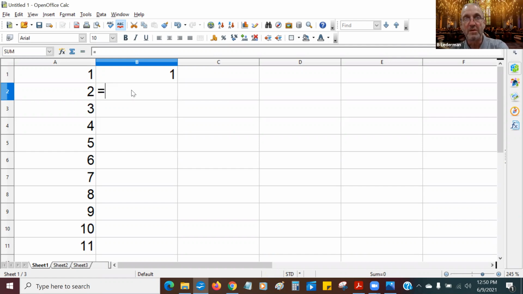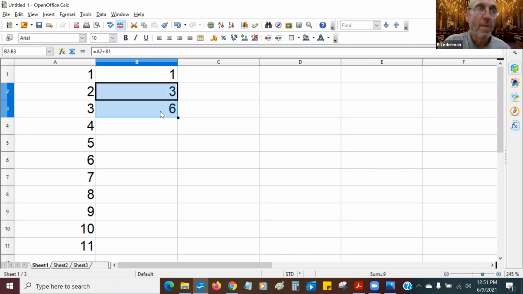the easiest way to do this. Maybe there are better ways and easier ways. This is the cell above plus 2, plus whatever is up there. And now if I extend this, let's try that.